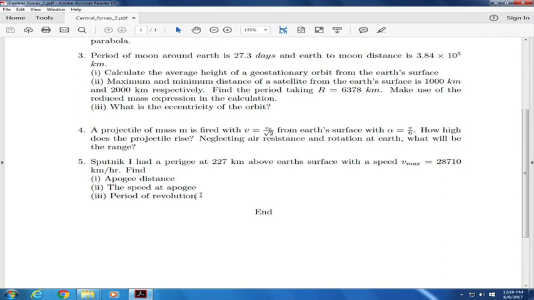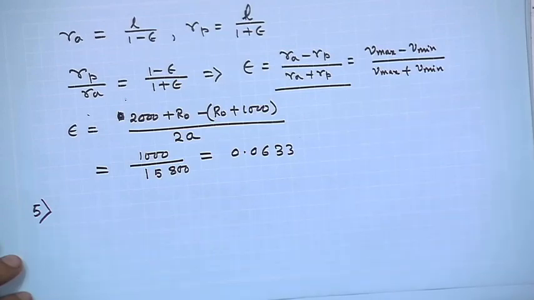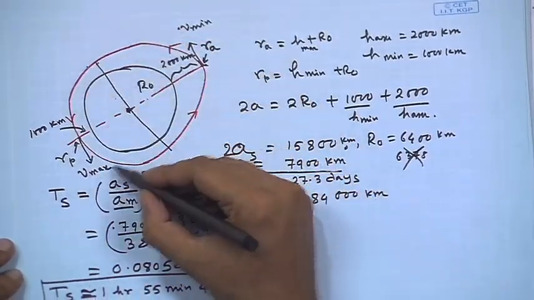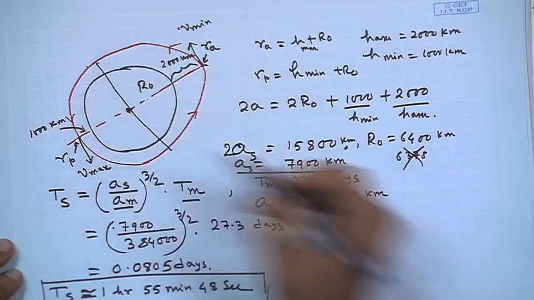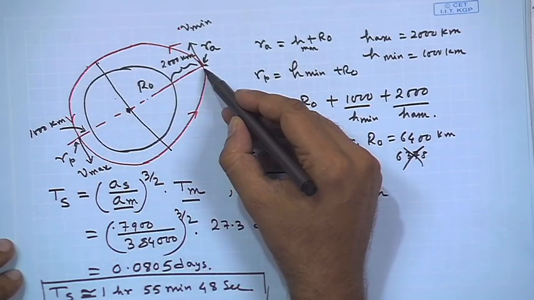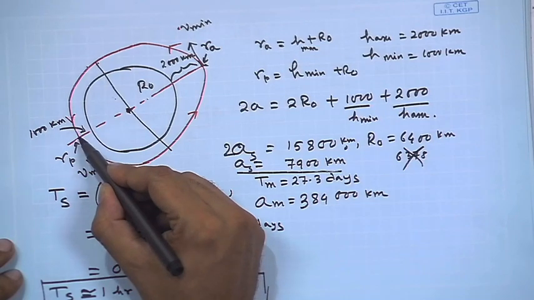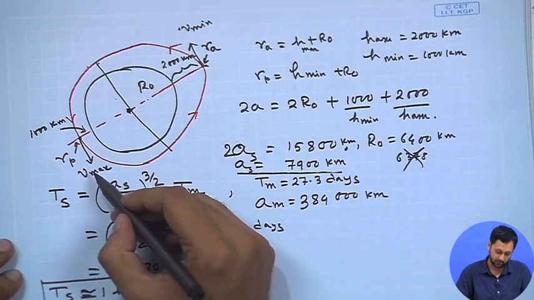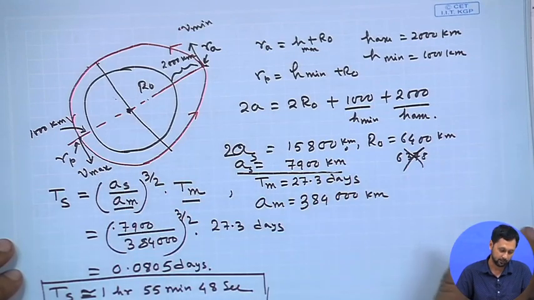Now, how to approach this problem? If we go back to this particular picture, let us say this is the orbit we are discussing. The perigee distance is given, which is the point of closest approach to Earth, at 227 kilometers, and V max is given.